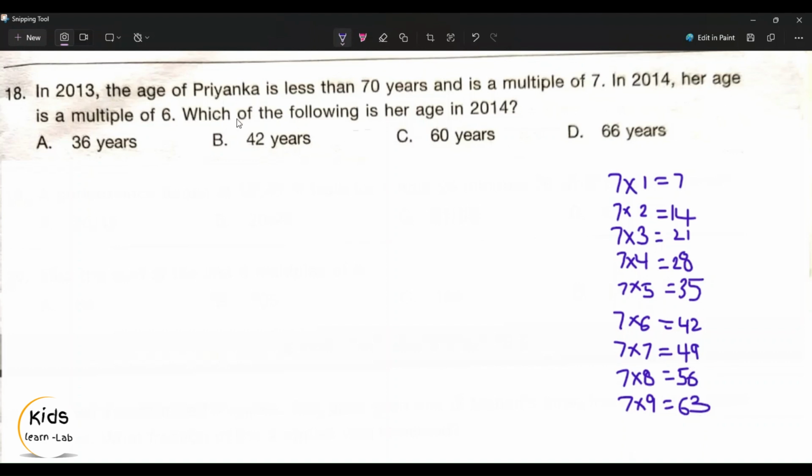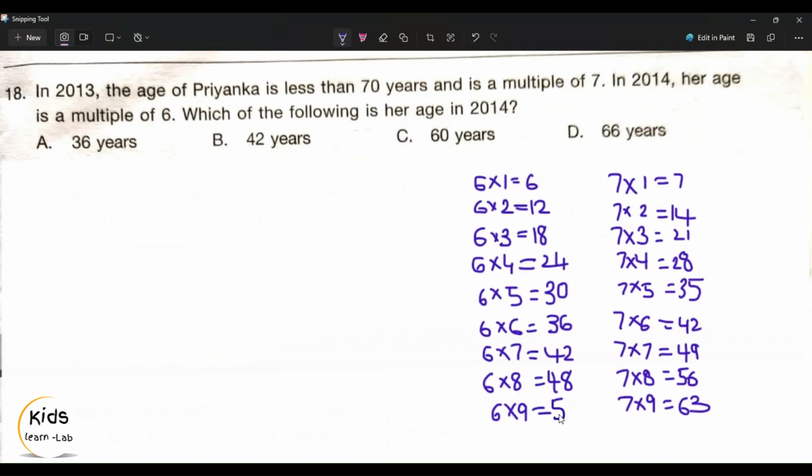In 2014, her age is a multiple of 6. So, multiples of 6 are 6, 12, 18, 24, 30, 36, 42, 48, 54. In 2013, Priyanka's age is equal to less than 70. In 2014, Priyanka's age is equal to a multiple of 6.